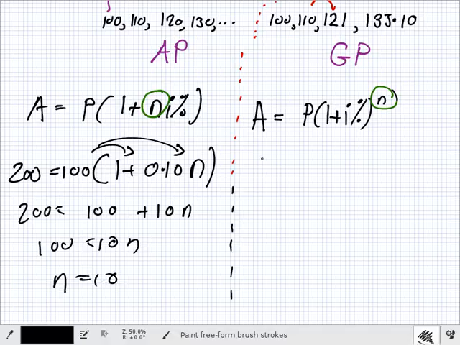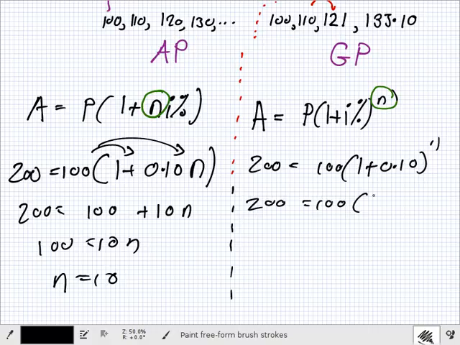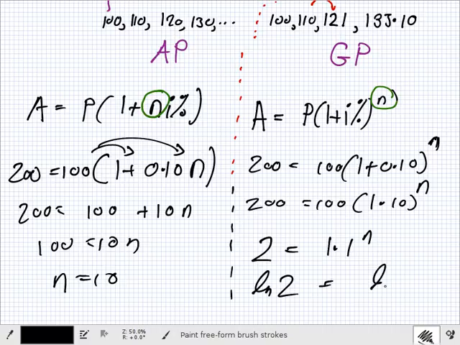In the second case, you have 200 equals 100 times 1.10^n. Divide by 100, 2 equals 1.1^n. Put log on both sides, log 2 equals log 1.1^n, but you can bring the n down for logs.